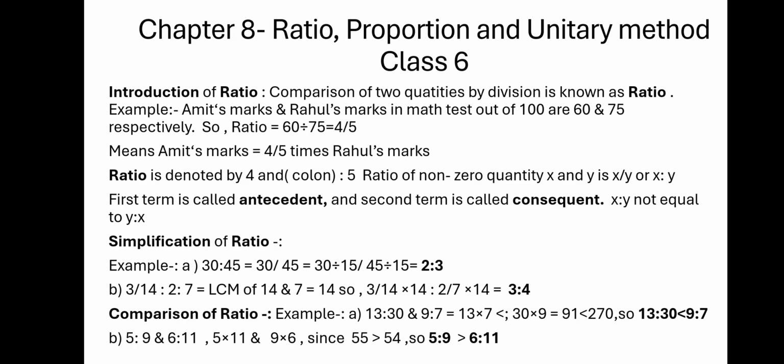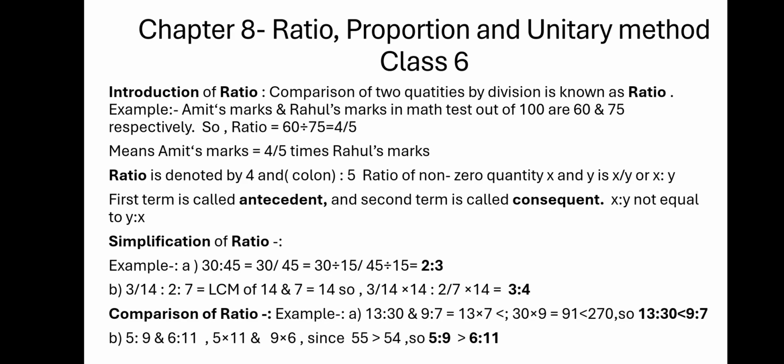Then 3 upon 14 is to 2 is to 7. So 3 upon 14 is one ratio and another ratio is 2 is to 7. Now 3 upon 14, so 14 and 7, the LCM you have to find out of the denominator, because 7 and 14 are the denominator of that ratio.